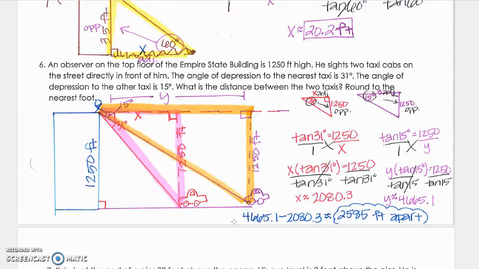But in this specific situation, there are 2 taxis, and you've got 2 different angles of depression. What ends up happening is you use tangent twice. You can see that there is a purple triangle and an orange triangle.